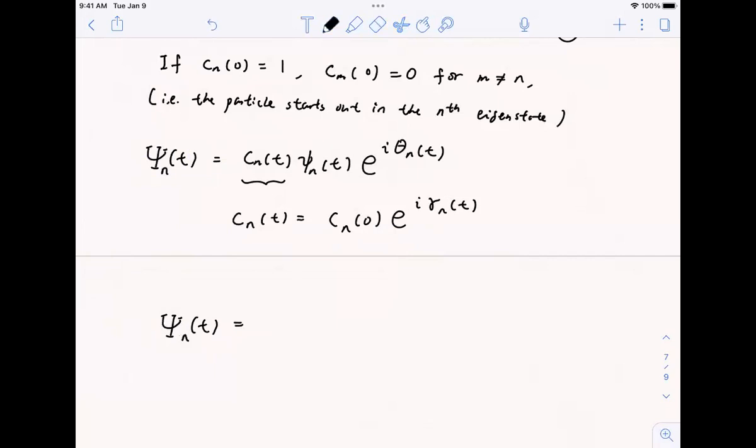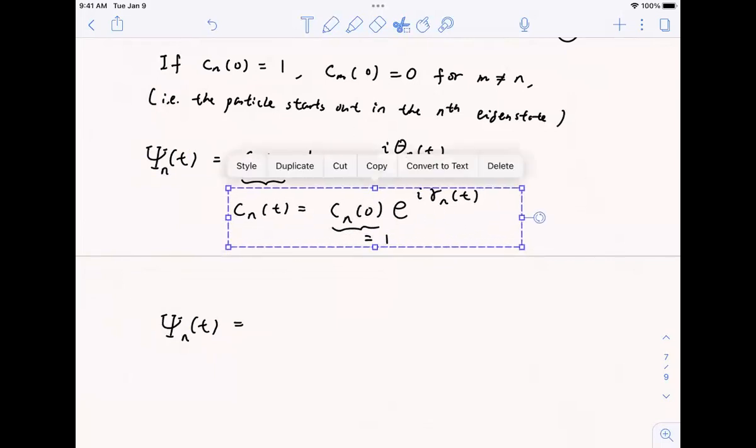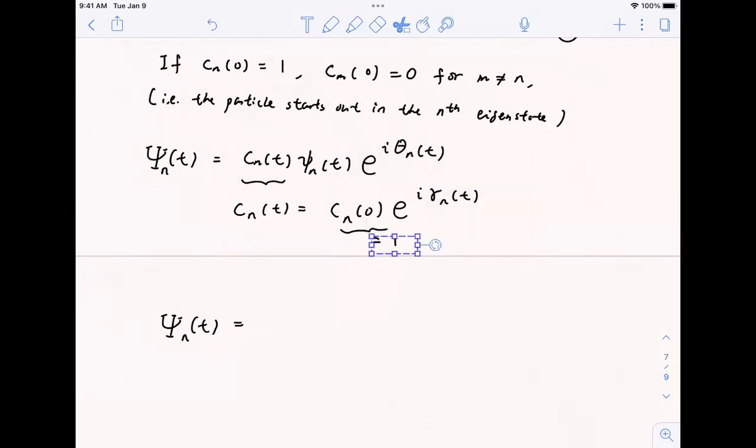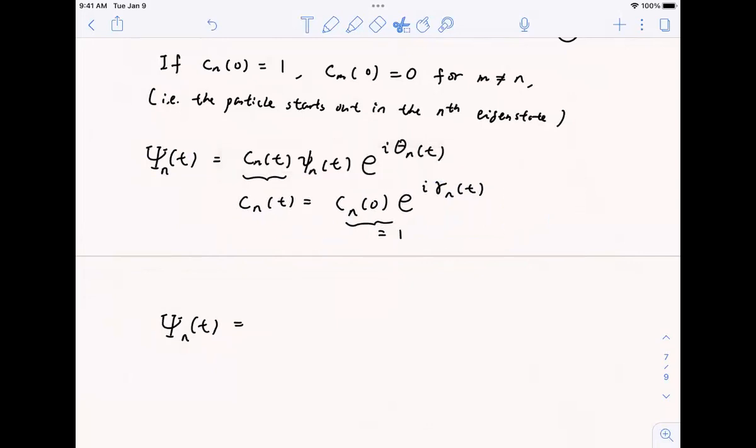This is 1, and this is 1. So you will have e^{i phi_n} and e^{i gamma}, and then you have phi_n. So this is the solution.